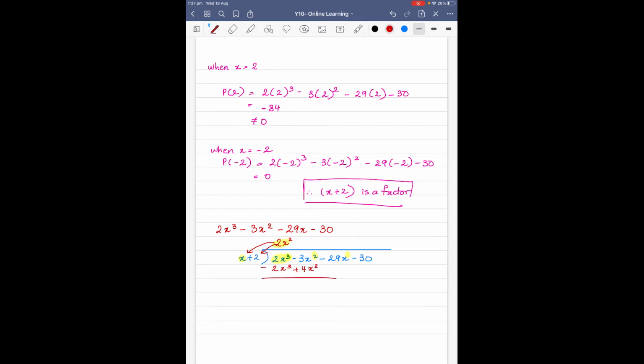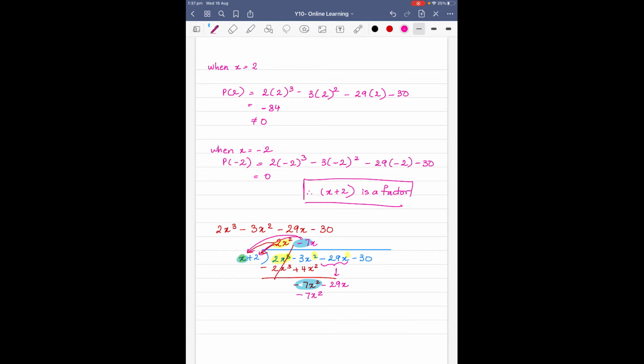Subtract them to find the remainder. So we have minus 3 minus positive 4 gives you minus 7x squared. Then we bring down the next term, which is minus 29x. Same gist, something times x equals minus 7x. So minus 7x times x gives you minus 7x squared.